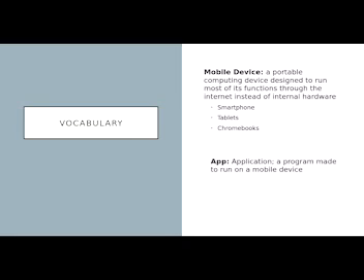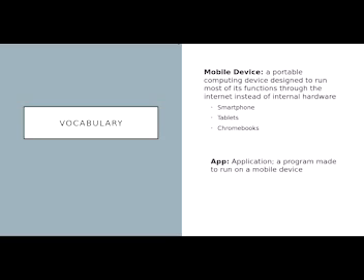A mobile device is a portable computing device designed to run most of its functions through the internet instead of internal hardware. So you're thinking about smartphones, tablets, Chromebooks, all of these things rely on the internet for a bulk of their running, instead of a computer, which really relies on downloaded software that's installed on it.